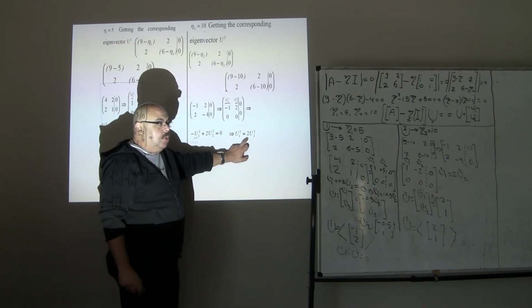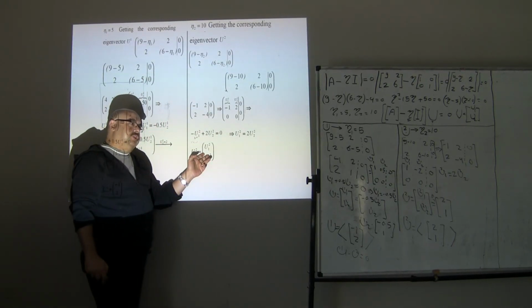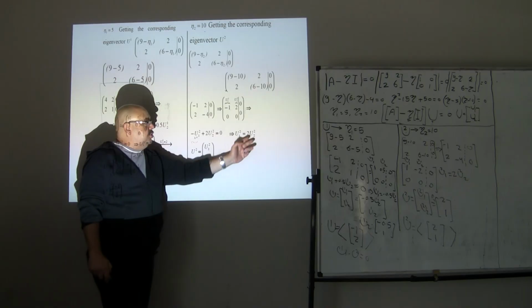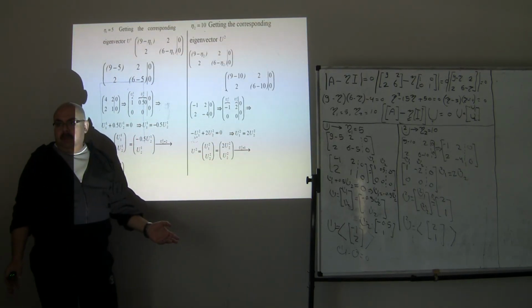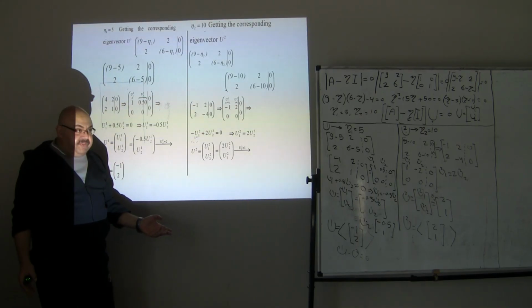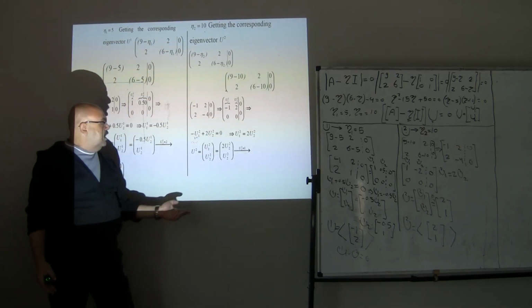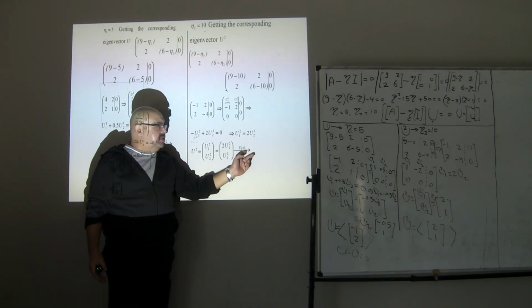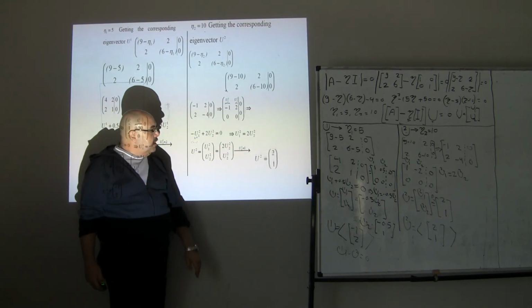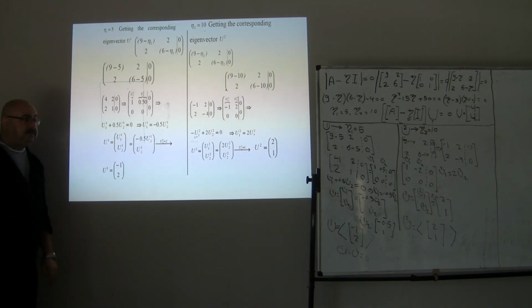Am I right? Once more, I will use the substitution, eliminating this guy, using 2u2. Here we go. Now be smart. Use the value that you prefer in order to have integers. I believe 1 is tempting, because if you use 1, Mr. Ziyad, you will have 2 and 1. That's the second vector. Okay?